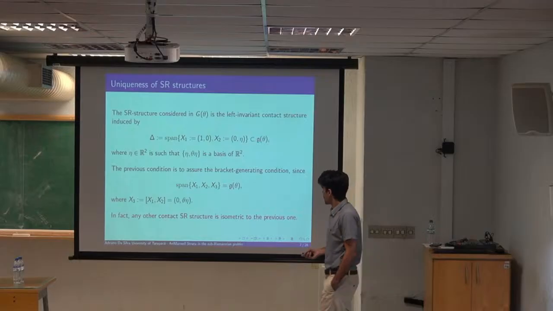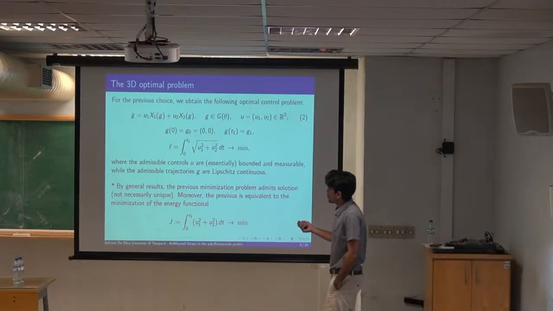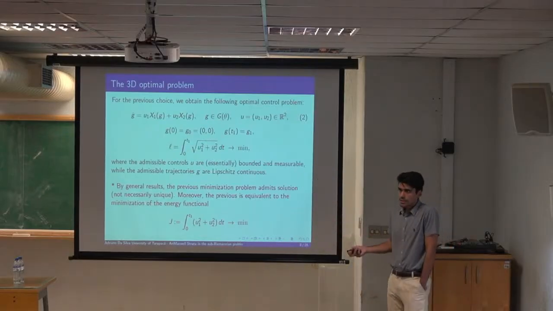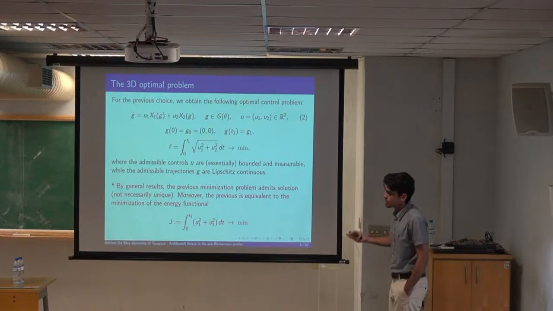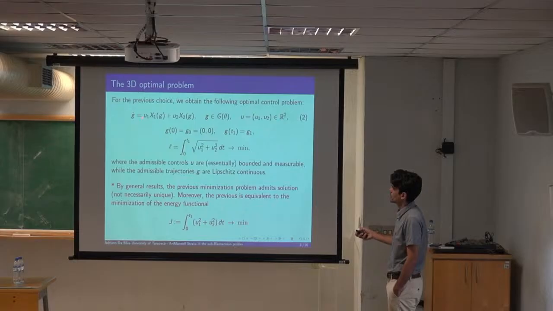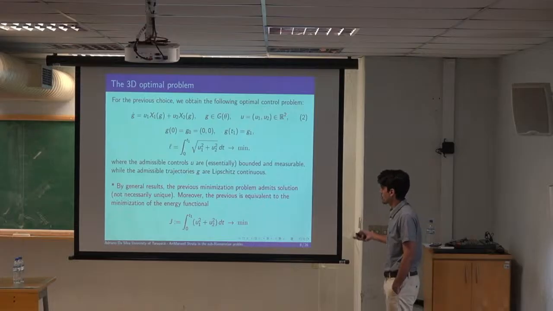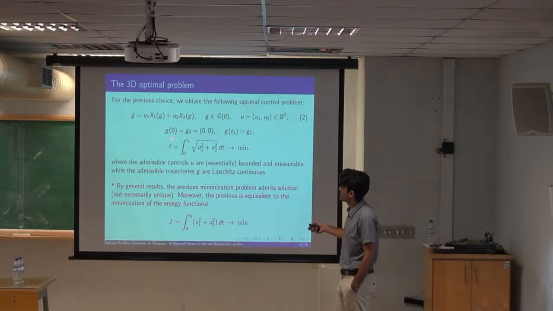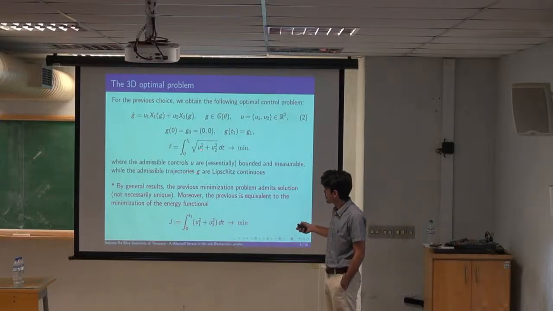Then our optimal problem, where we are interested in looking at geodesics, is this one. With this notation, we are looking for Lipschitz curves that satisfy this, with controls in R2 that are essentially bounded and measurable, and that minimize this distance.